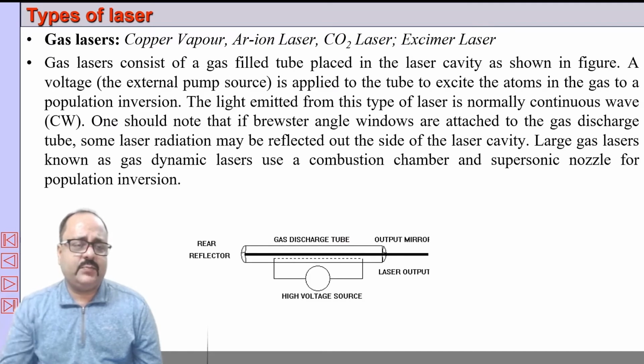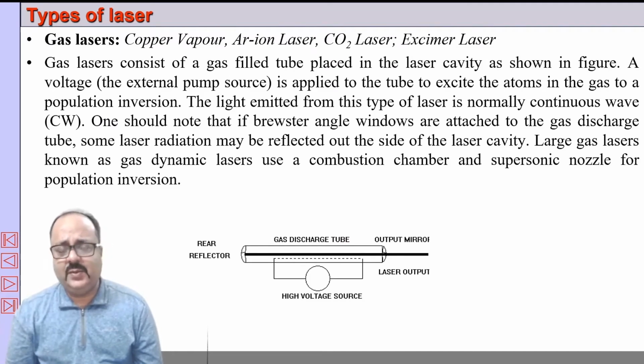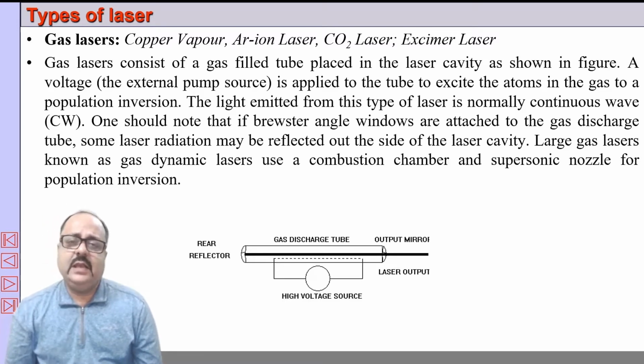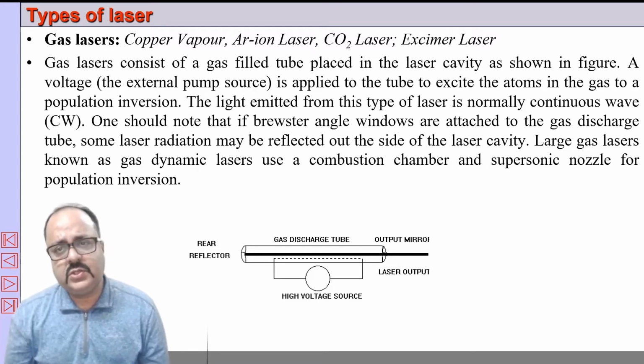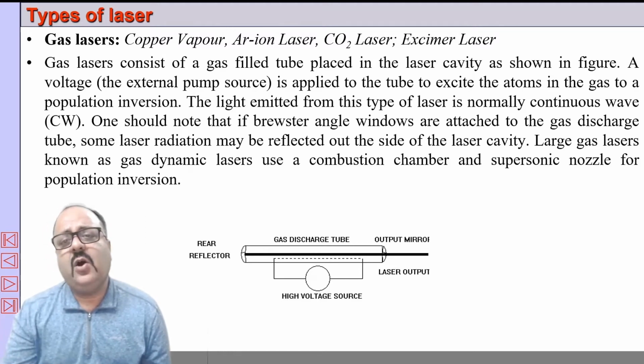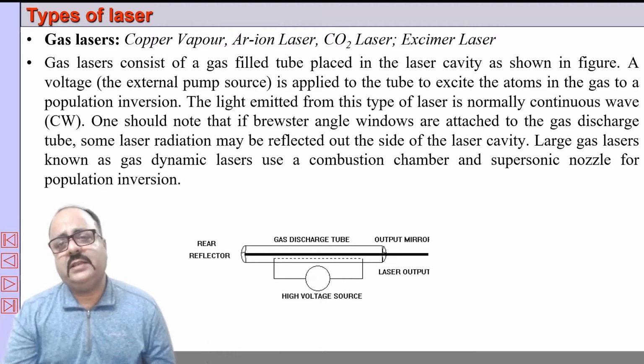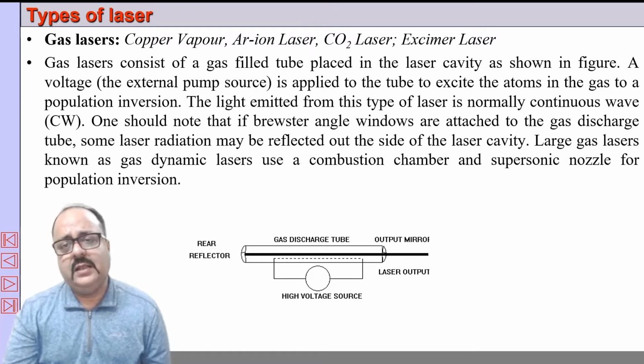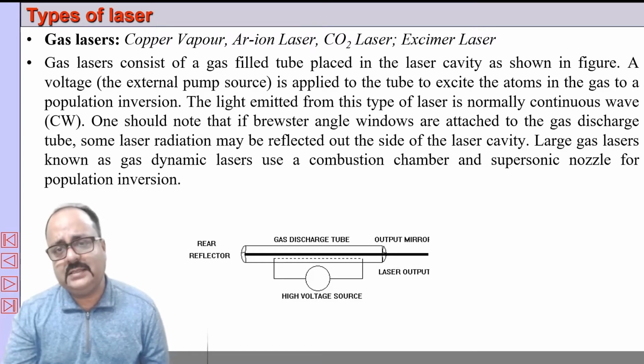So among gas lasers, the popular ones are CO2 lasers, which are extremely popular. They can go up to around 25 to 50 kilowatt, and Excimer lasers may be available up to around 100 kilowatt power. Excimer lasers use rare gases or halogen gases like xenon fluoride as a lasing medium.